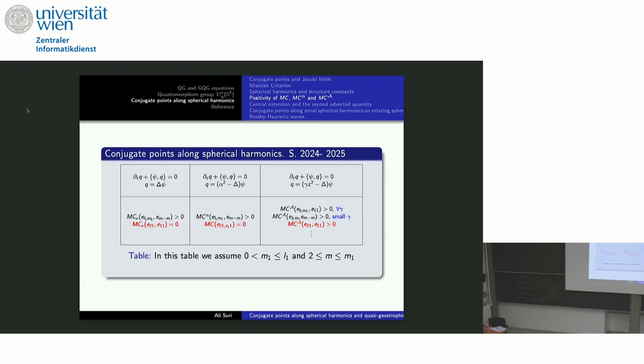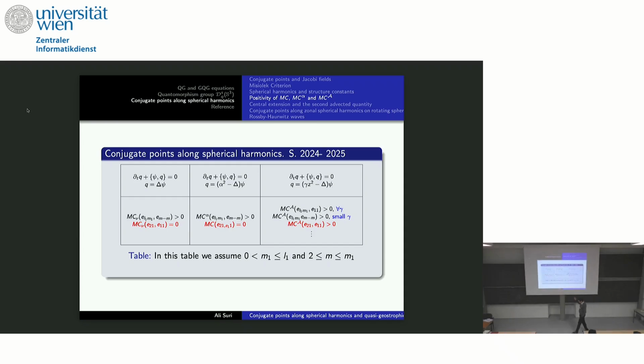And they proved that for L and M non-zero, for all of these directions, geodesics cease to be global minimizers in the sense that conjugate points exist.